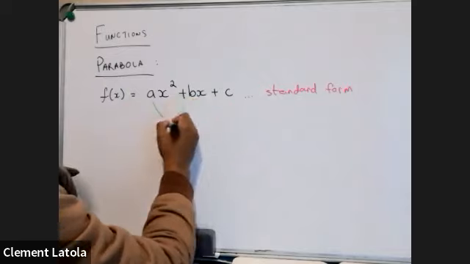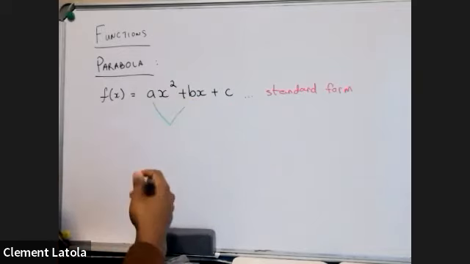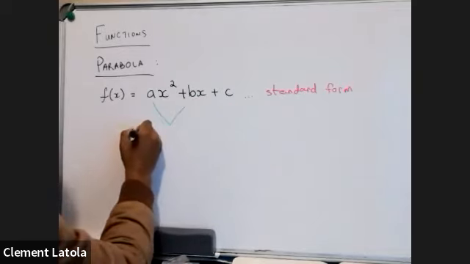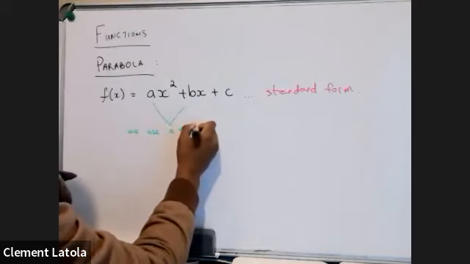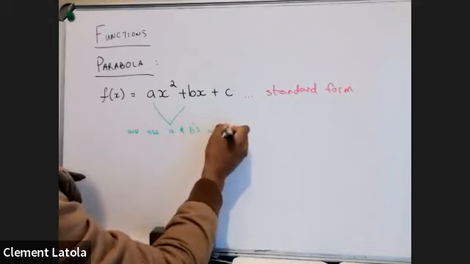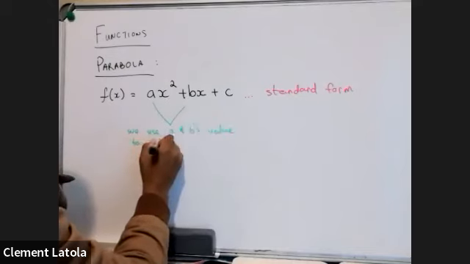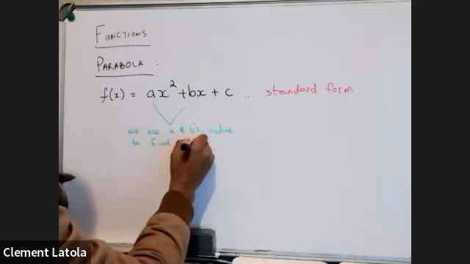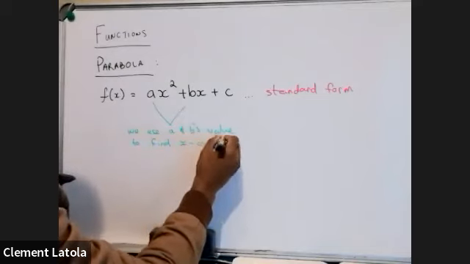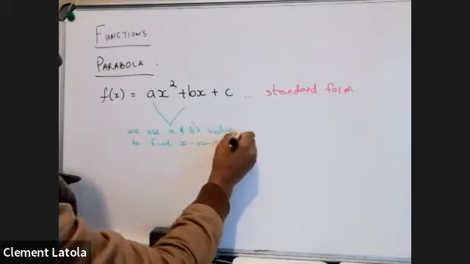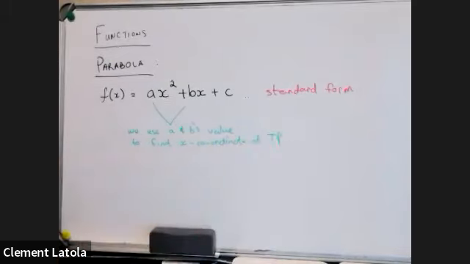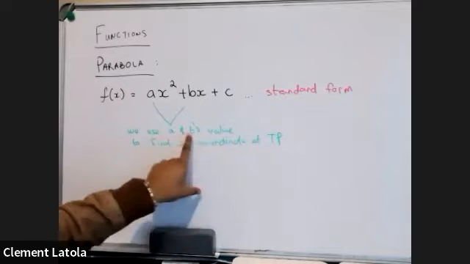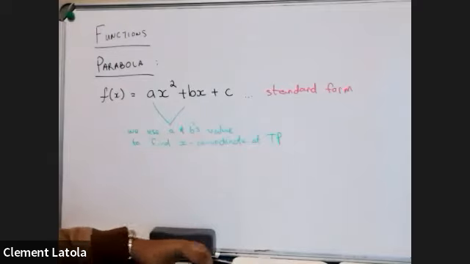Use a and b's values to find the x coordinate at the turning point. I hope you guys can see what I wrote here.